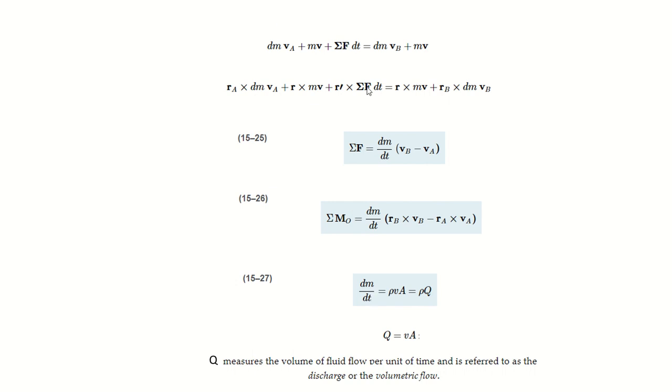So you can understand just the mass: we're dealing with a change in mass over a unit of time. That's your density and velocity and the cross-sectional entrance area. And that's your density.